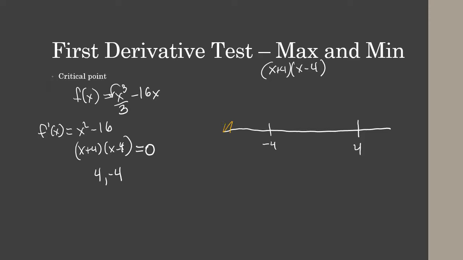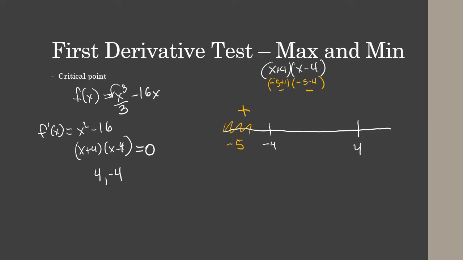We're going to pick a number for this first interval, and we're going to say negative 5. So if we put in negative 5 plus 4 times negative 5 minus 4, this first number is going to be negative. The second number is going to be negative. That means that for this interval, our derivative is positive.